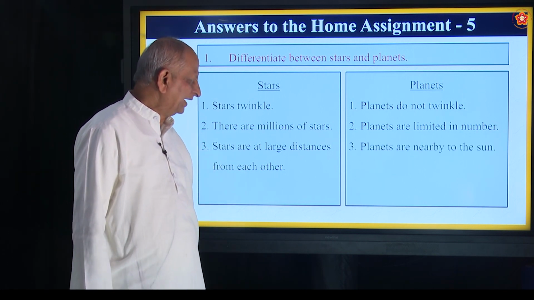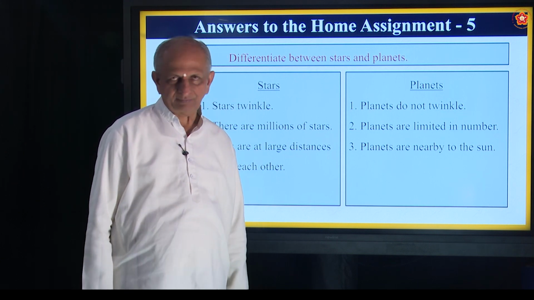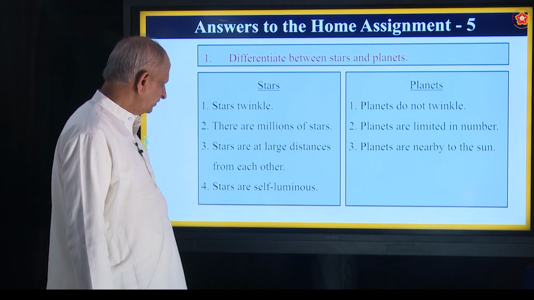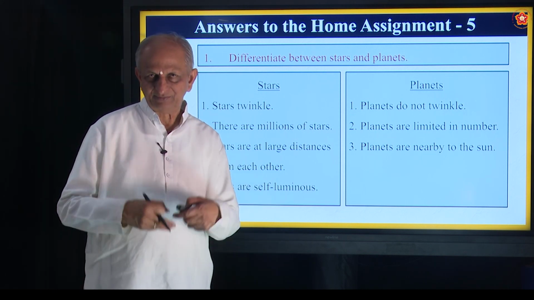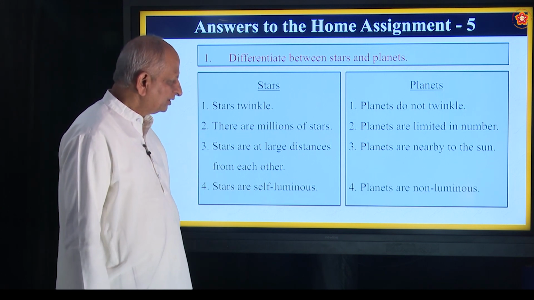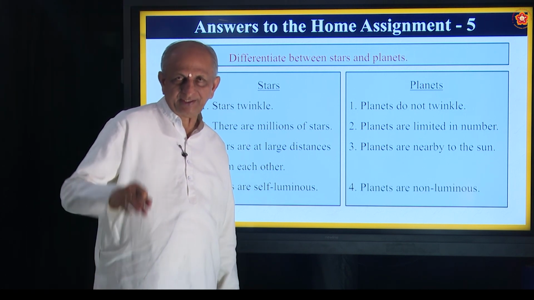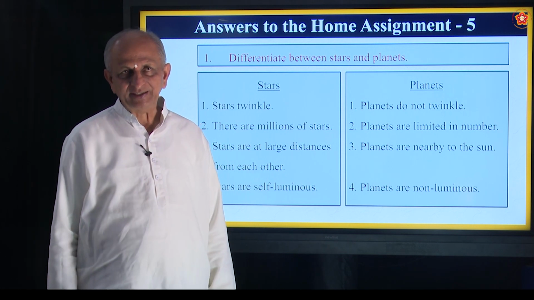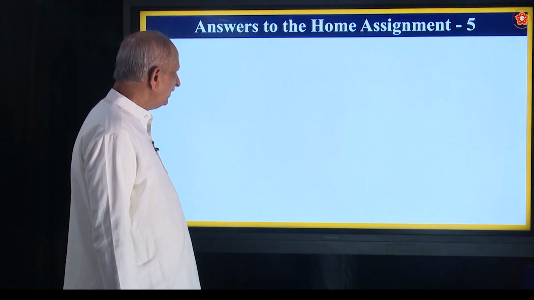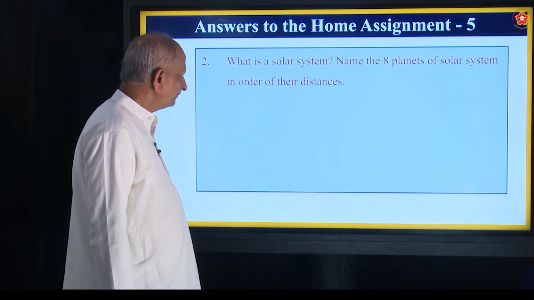Okay? Planets are very near to the sun in case of solar system. Okay, stars are self-luminous, means gives its own light, whereas planets are non-luminous. It reflects the light of the sun. Correct? So these are the differences between stars and planet.